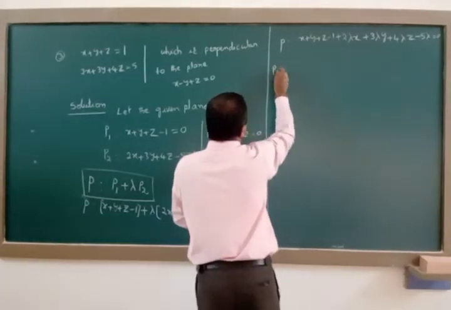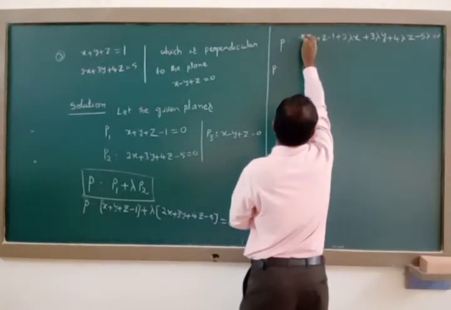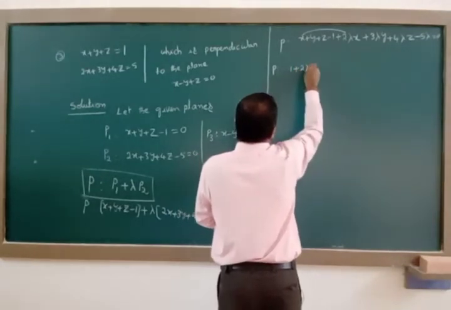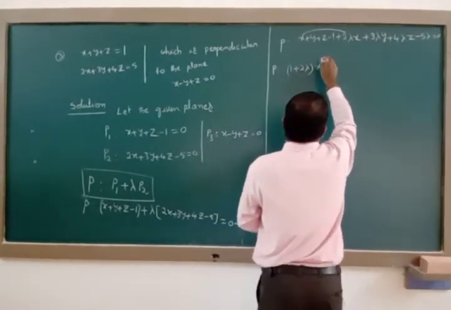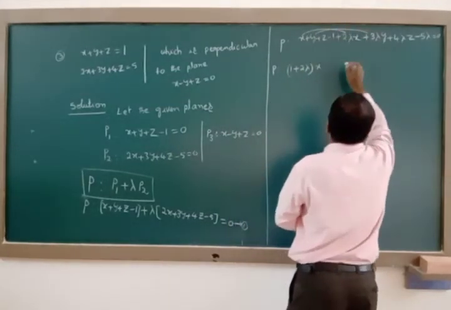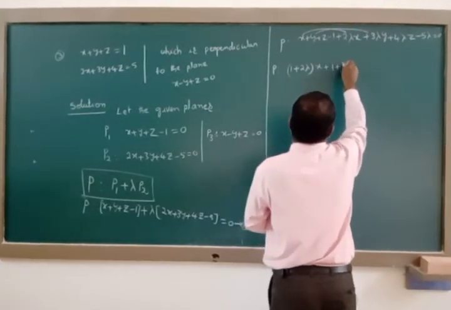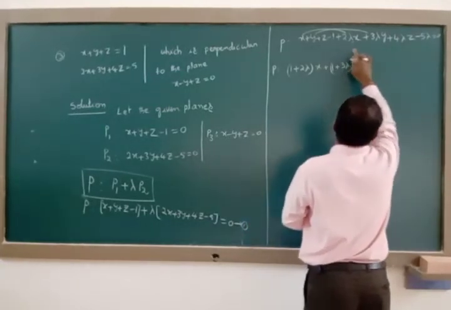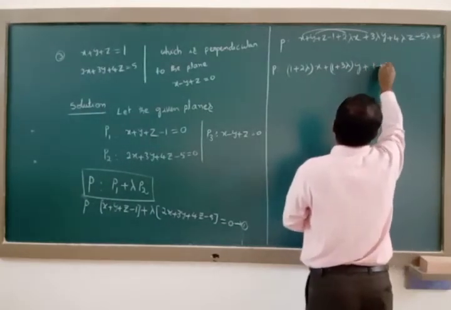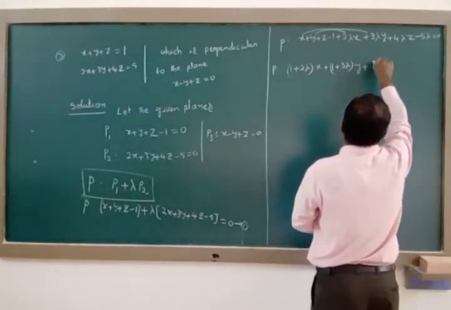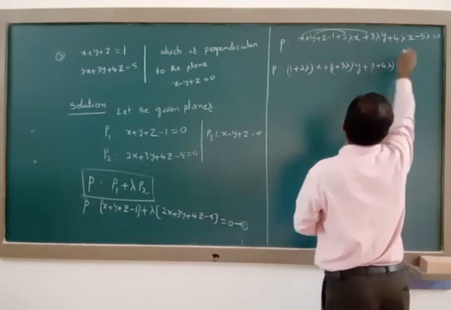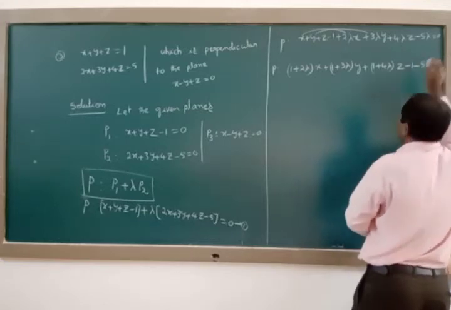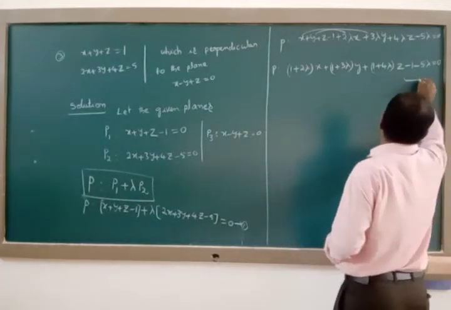Take x common from these two, then we get 1 plus 2 lambda of x. Next from these two take y common, then we get 1 plus 3 lambda of y. Next take z common, we get 1 plus 4 lambda of z. The remaining two are constants: minus 1 minus 5 lambda is equal to 0. It is equation number 2.